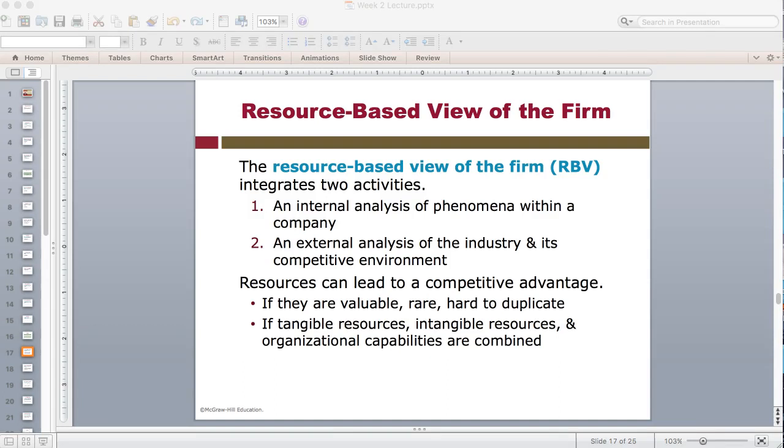This is an important point because when we look at our strengths and weaknesses, for example, really the question is, is this a sustainable long-term advantage? The point of that is that there are companies that develop a competitive advantage, but it's not something that they can sustain. Is it easy to copy?